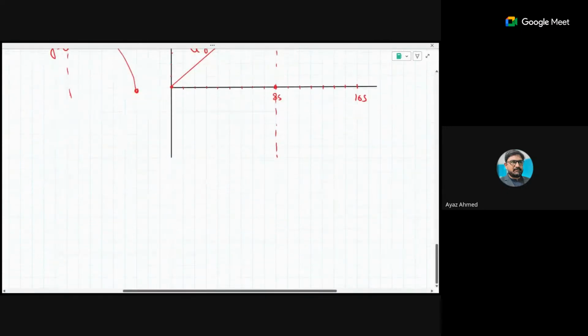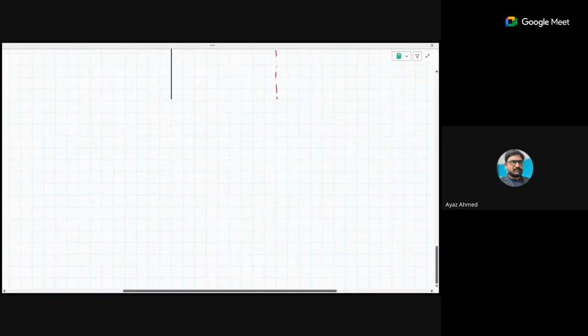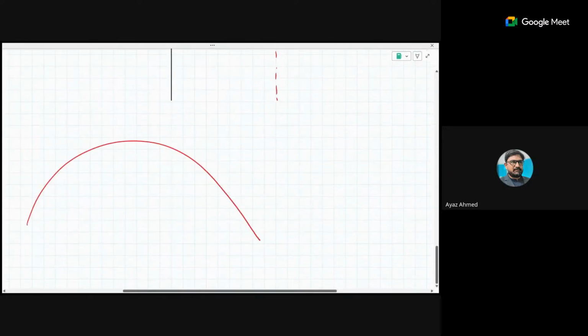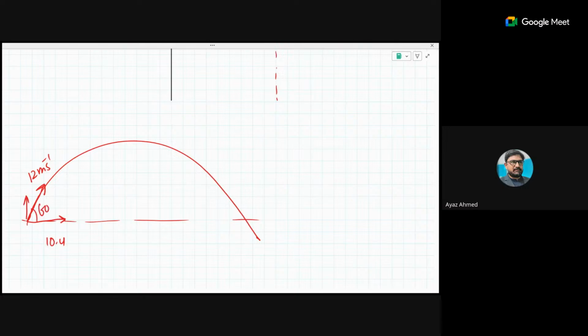But at the same time, if you have a projectile which is being dropped in this way, which has this type of motion, if it is being thrown with a velocity of 12 meters per second, then I told you that its angle was 60 degrees, so its vertical component was 6 meters per second and its horizontal component was 10.4.